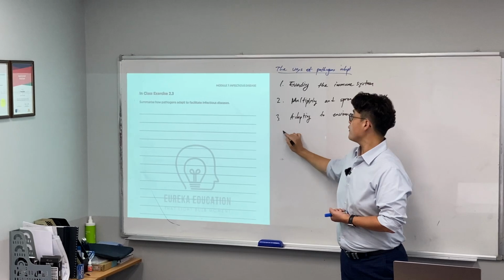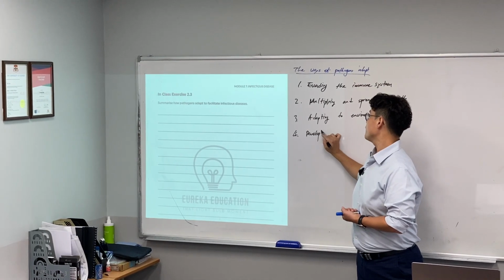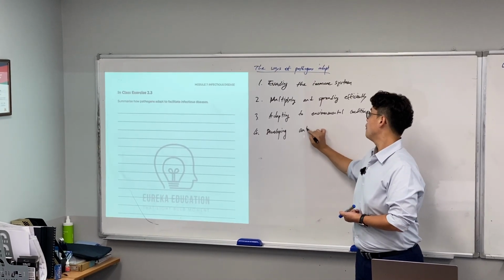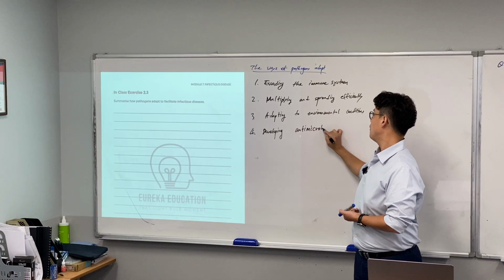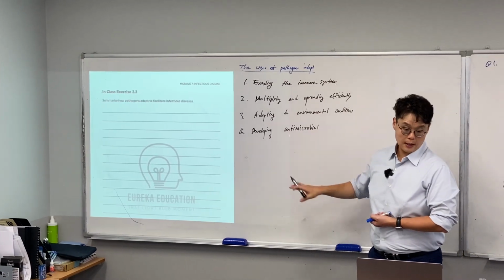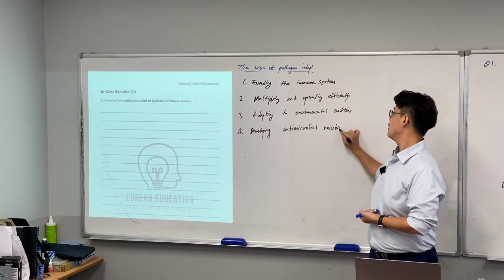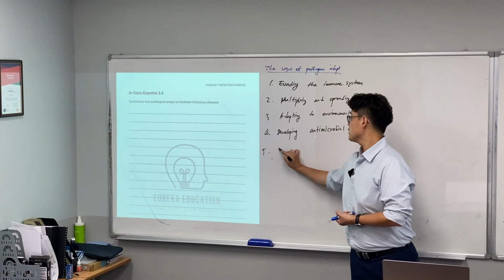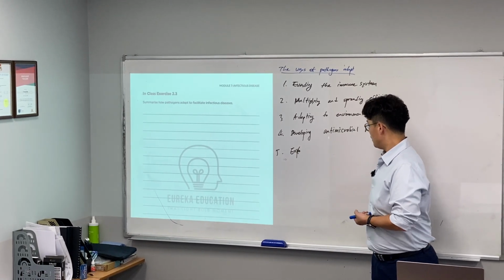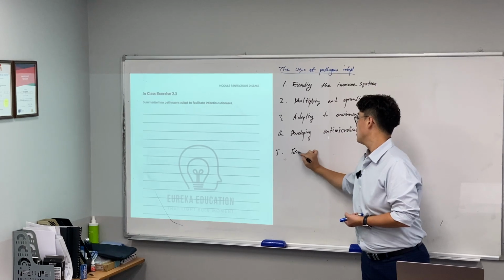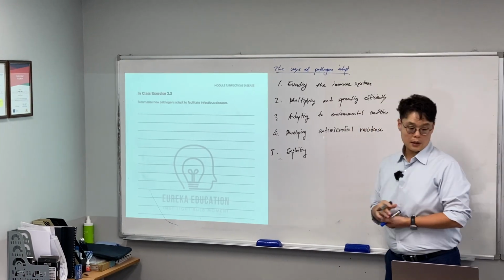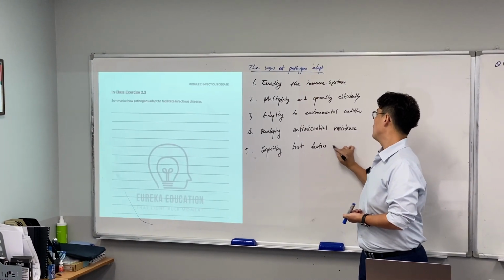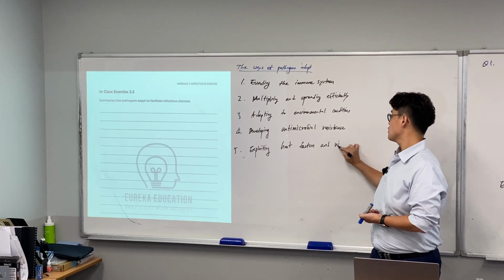Four, they can develop antimicrobial resistance, including antibiotic resistance. Five, they can also adapt or evolve to exploit the host factors and the niches.